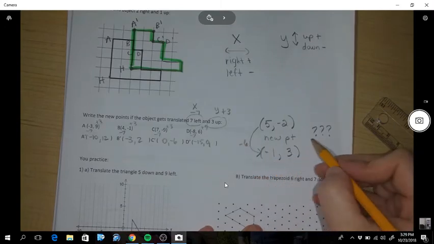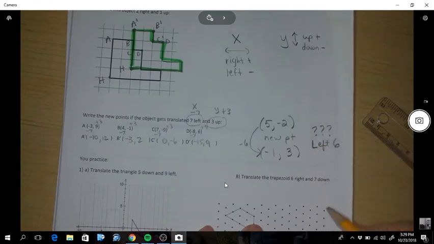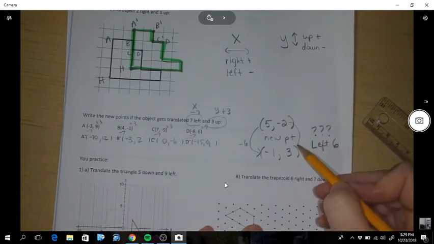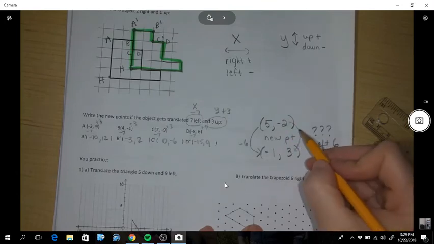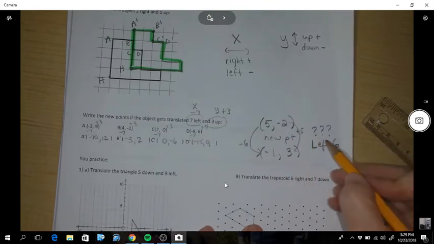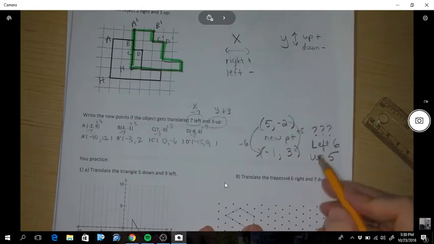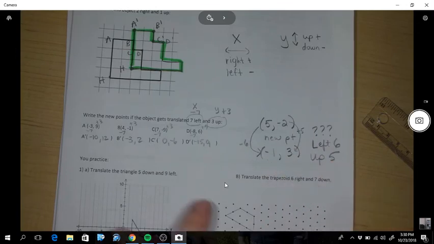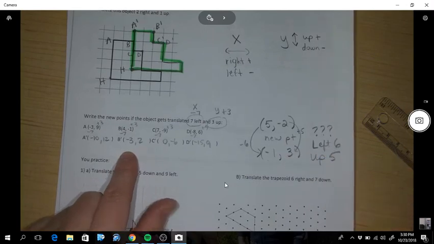It's a negative 6. So that means you went left 6. And then what happened from negative 2 to 3? That was an addition of 5. So in the Y, that would mean up 5. Okay? So be able to do, if I give you a point, translate it, or if I give you 2 points, what was the translation?